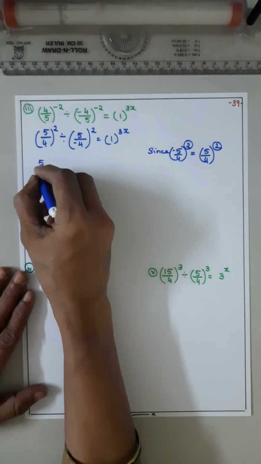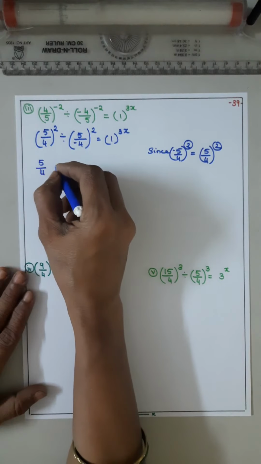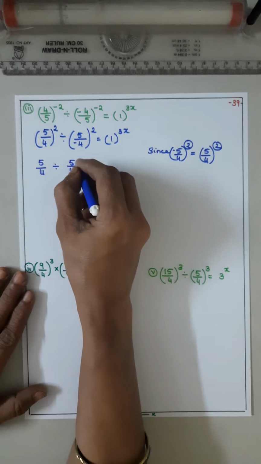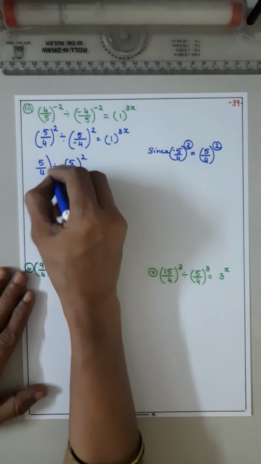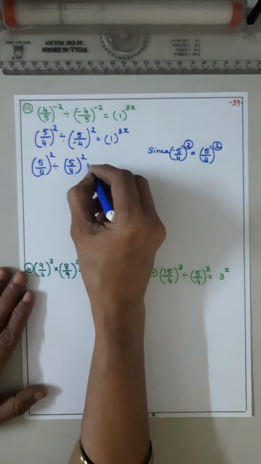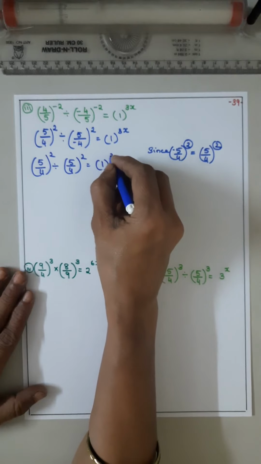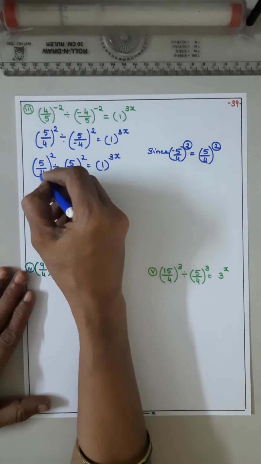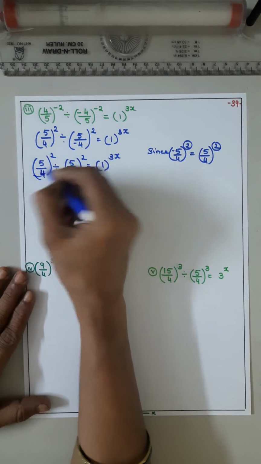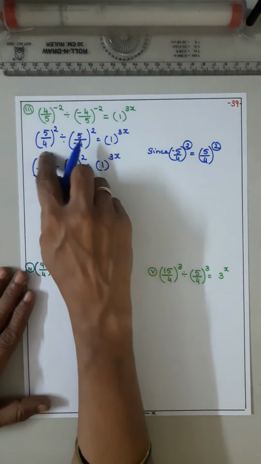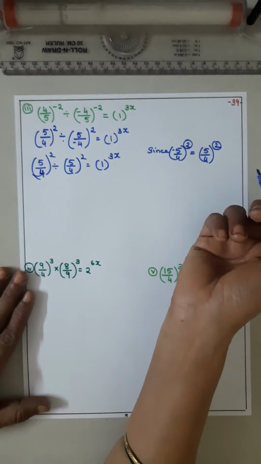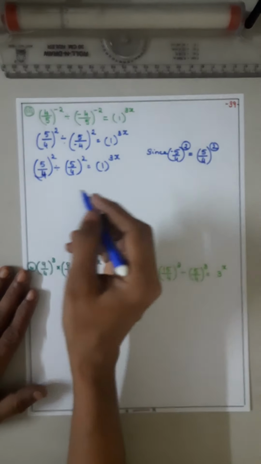So you can write 5 by 4 divided by 5 by 4 the whole square is equal to 1 to the power 3x. So here the same number, isn't it? 5 by 4, 5 by 4, the power is also same. That means how much it will be? It will be 1.